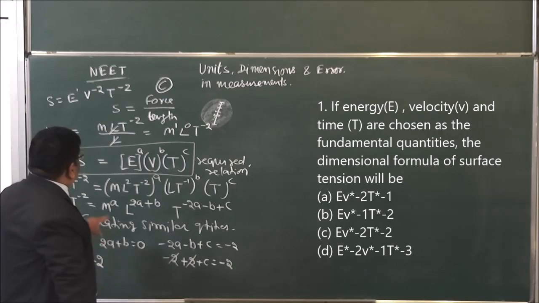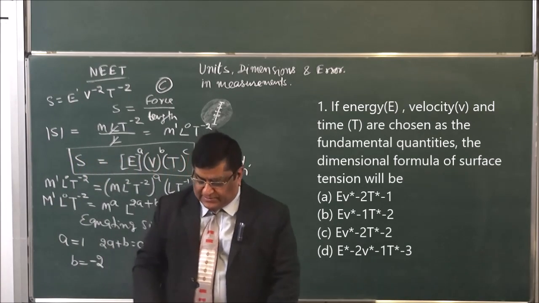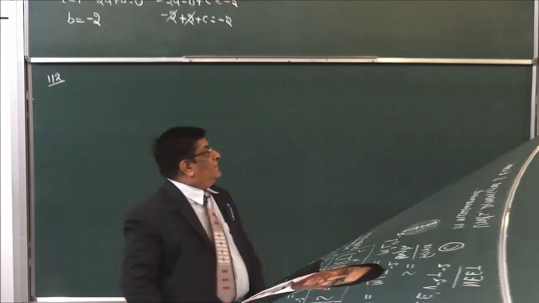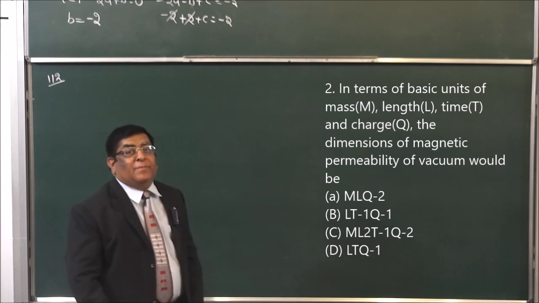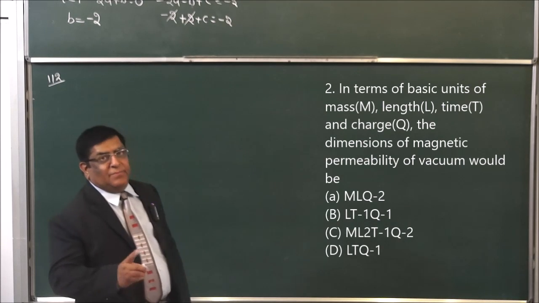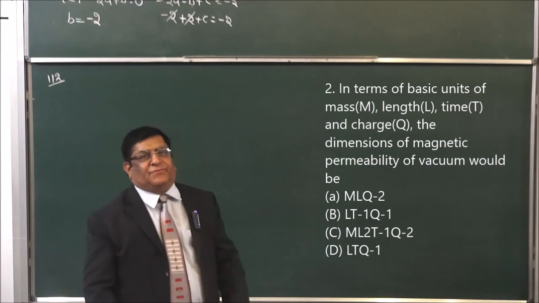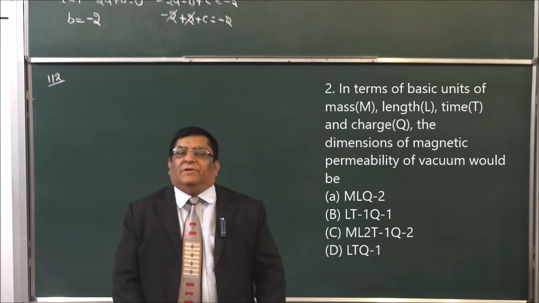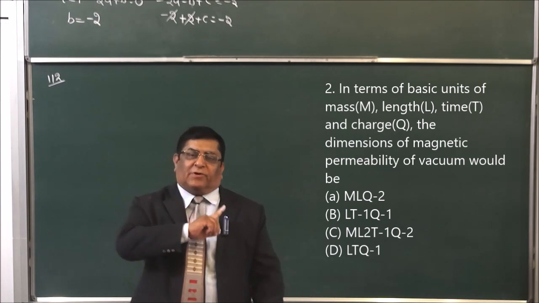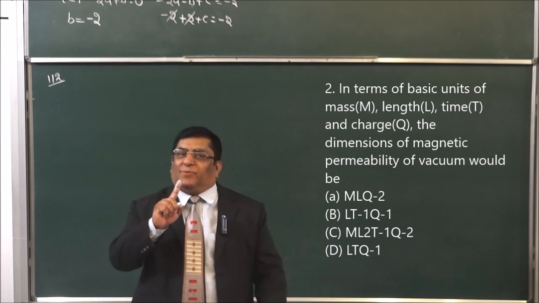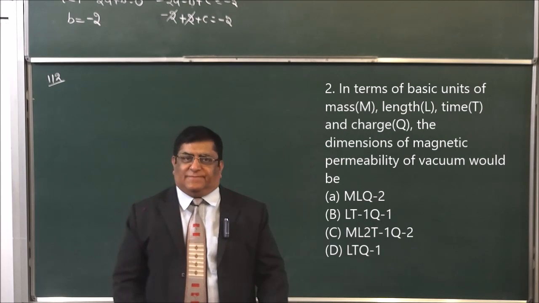So we have used the formula with A, B, C. You have done practice of this, and this was asked this year. Thank you. The next question says, find out the dimensions of permeability. Whenever we want to find out the dimensions of something, we should think of a formula which has this particular term and the term of force or work, because we know their dimensions.